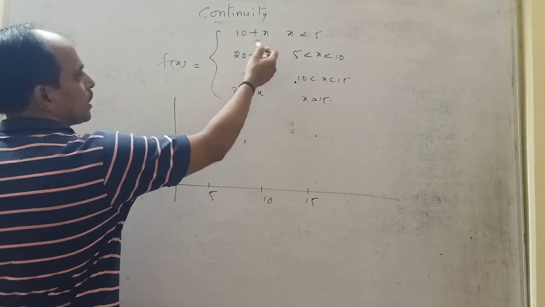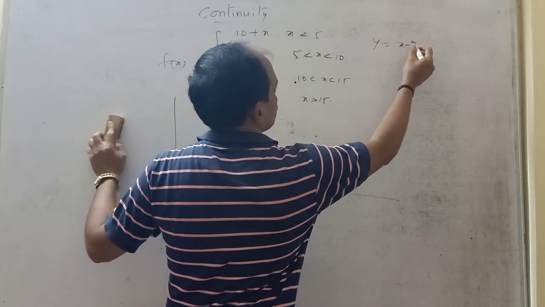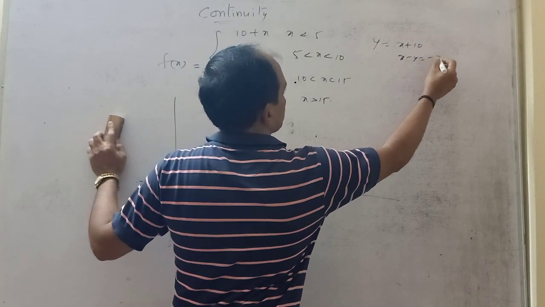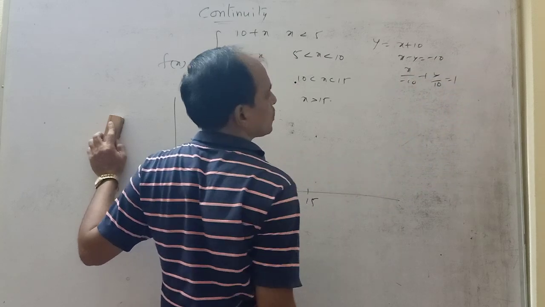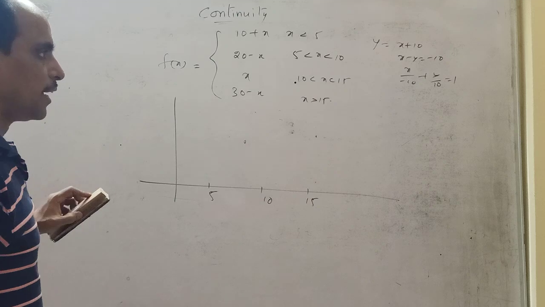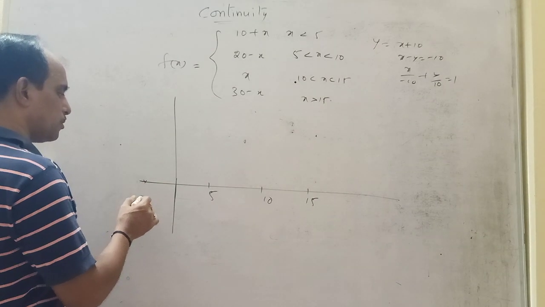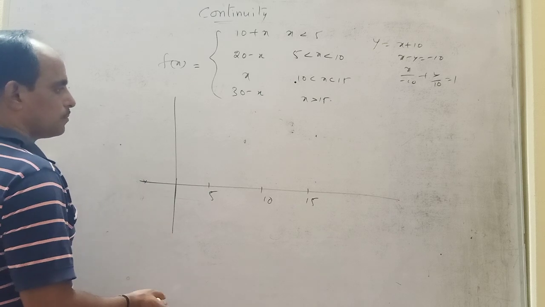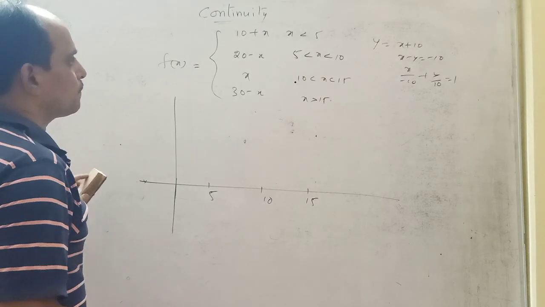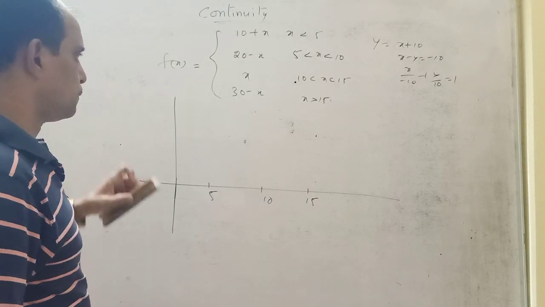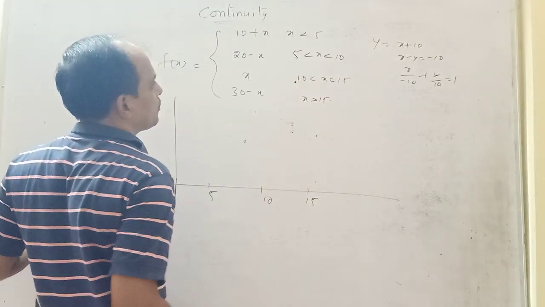For x less than 5, the graph will be 10 + x. 10 + x means y = x + 10, that is x - y = -10, with x negative, y positive, like this. And this is 5 to 10.